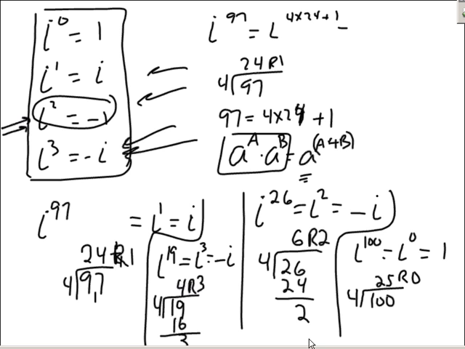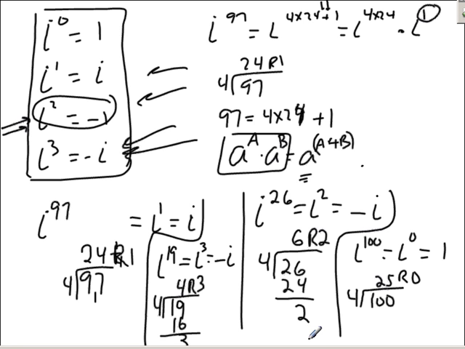Here's my addition right there. It's i to the 4 times 24 times i to the 1. Okay. Notice that that's always going to be the remainder, because that's where the plus sign's coming from.